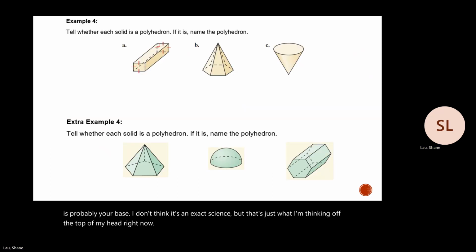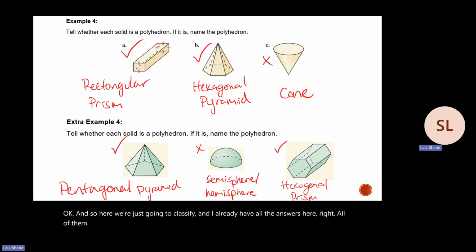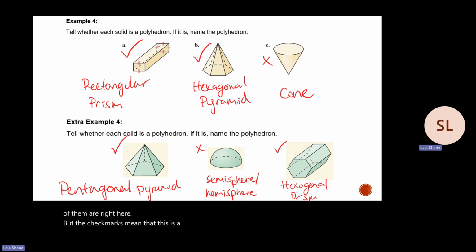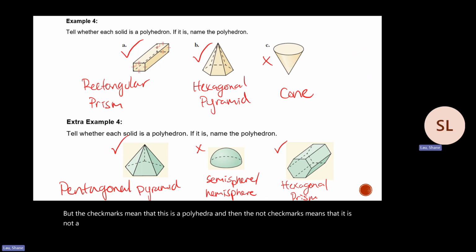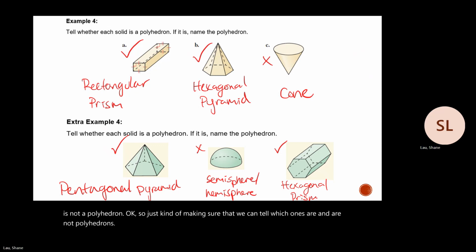Okay. And so here we're just going to classify, and I already have all the answers here, right? All of them are right here. But the check marks mean that this is a polyhedra, and the not check marks mean that it is not a polyhedra. Okay, so just making sure that we can tell which ones are and are not polyhedrons, and then being able to name what these are.